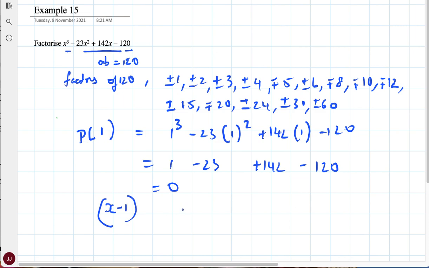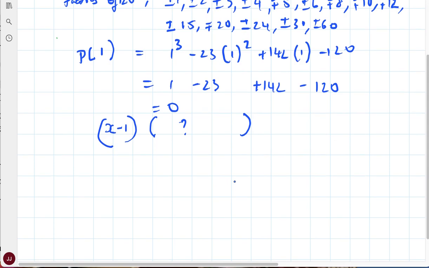So it has to be x minus 1 into some other quadratic. How to find that? How to find the second part? For the second part, you can either solve using the given equation, or you can use the division method. The division method is also good.